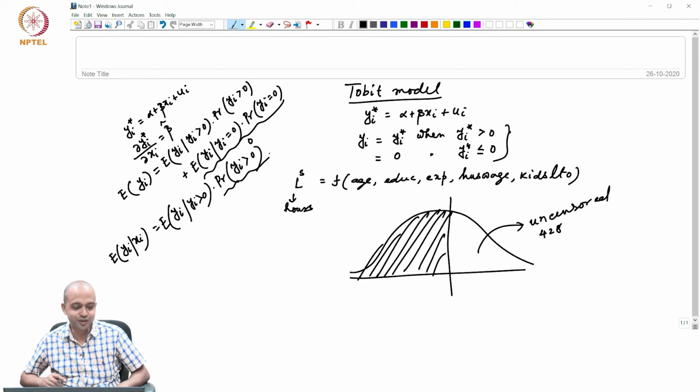Here the beta hat comes from y star, which may or may not have direct interpretation and is not observable.